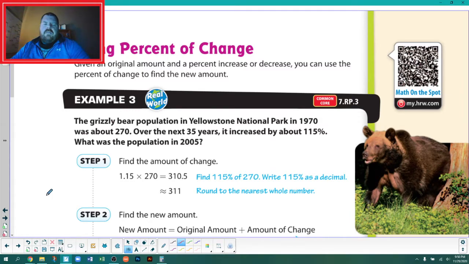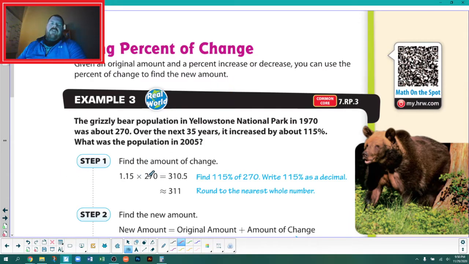So we want to find the amount of change. In order to do that, we're going to take the 115% and multiply that by the original amount. Now, we can't be multiplying 270 by 115. We do have to remember to rewrite that as a decimal.